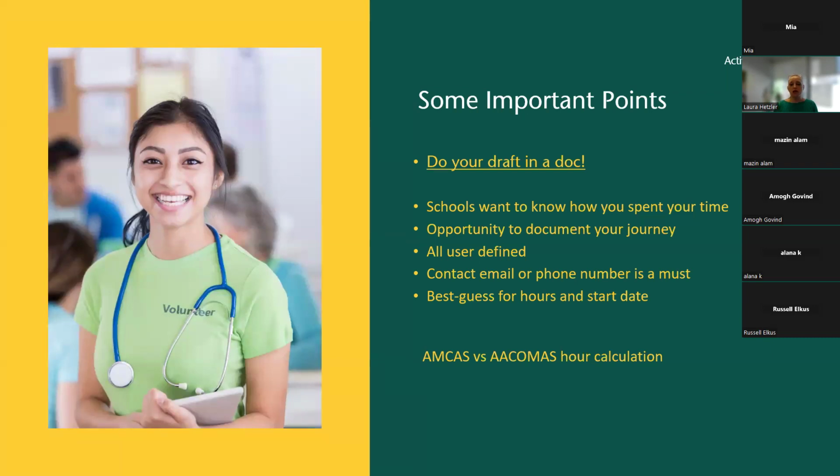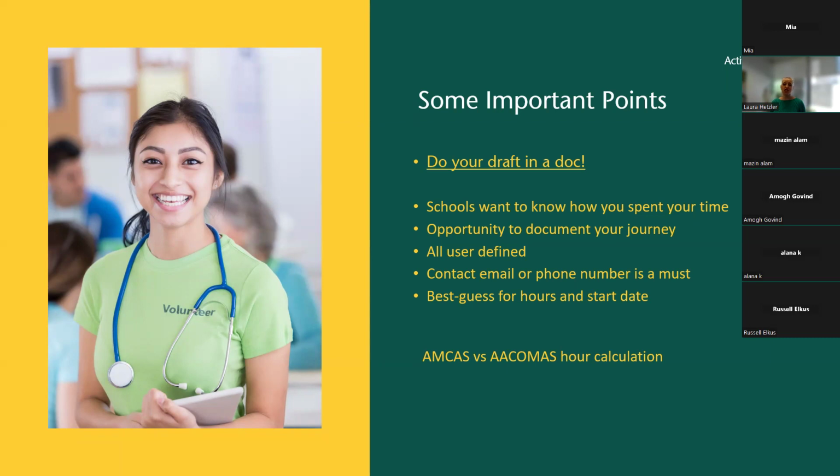They worked a bunch over winter break and spring break. But the other times of the year were a little bit lighter because they were actively taking classes. AMCAS doesn't care. AMCAS just says give us the date range and the total number of hours. We'll assume it's going to work itself out.